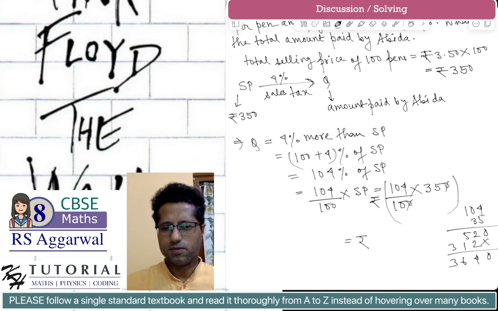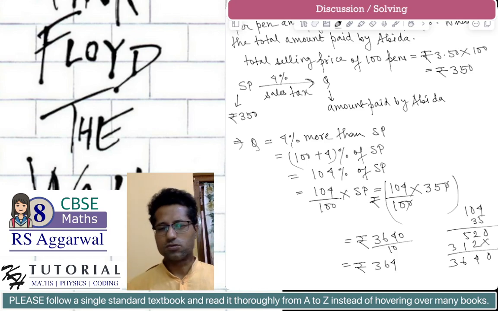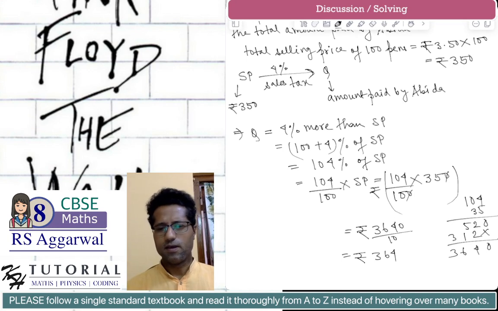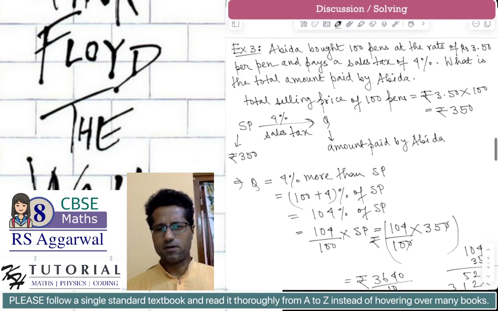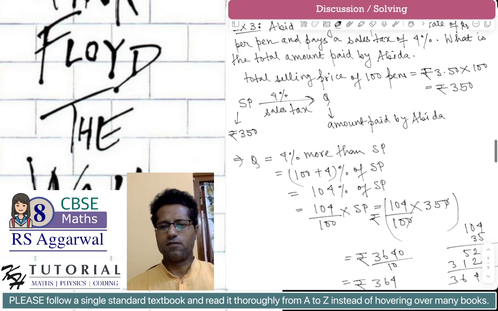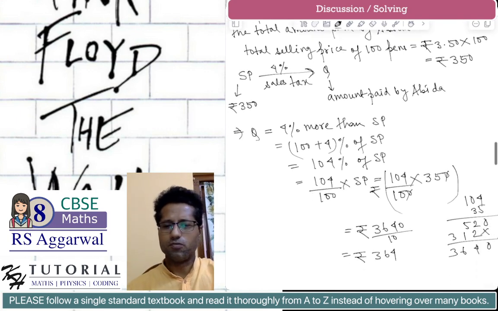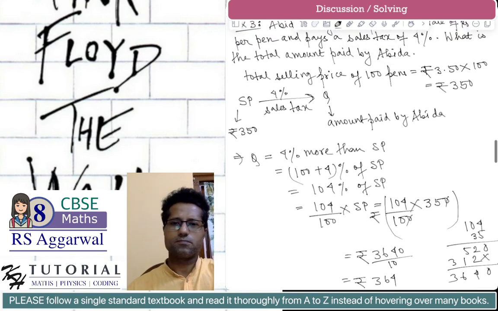So this is rupees 3640 divided by 10, which is equal to rupees 364. So the total selling price of the 100 pens was rupees 350, and after paying the 4% sales tax, the final amount paid by Abida in purchasing 100 pens is rupees 364.